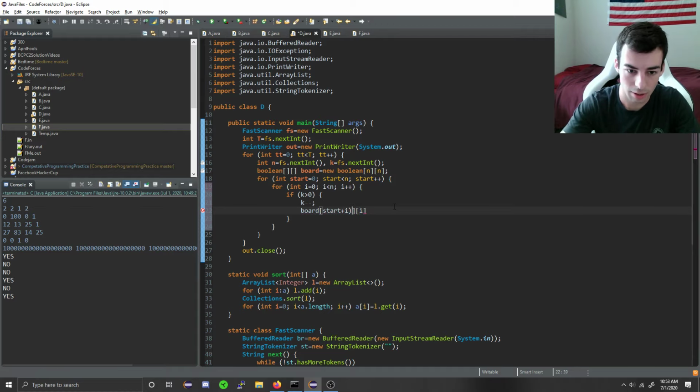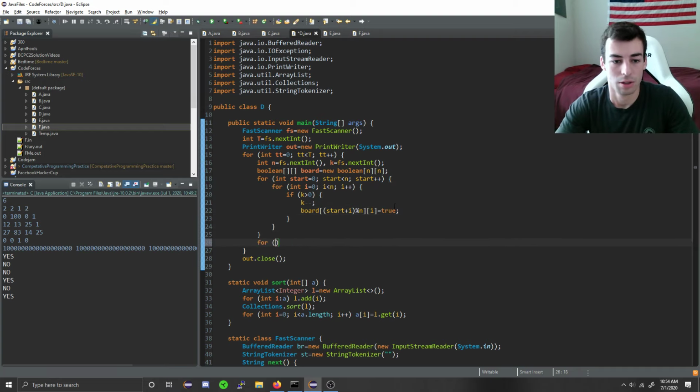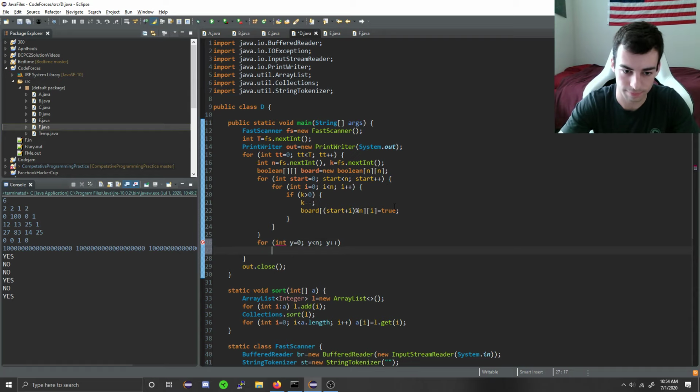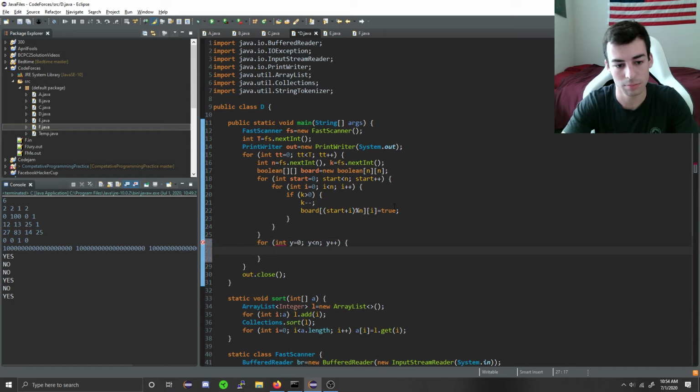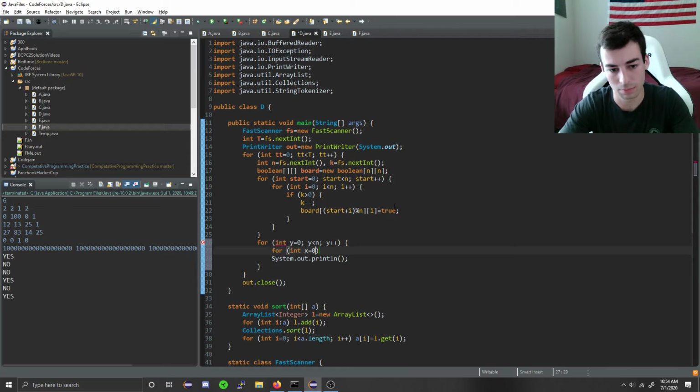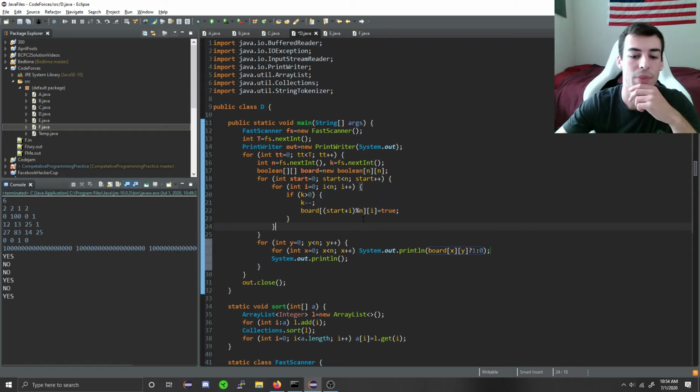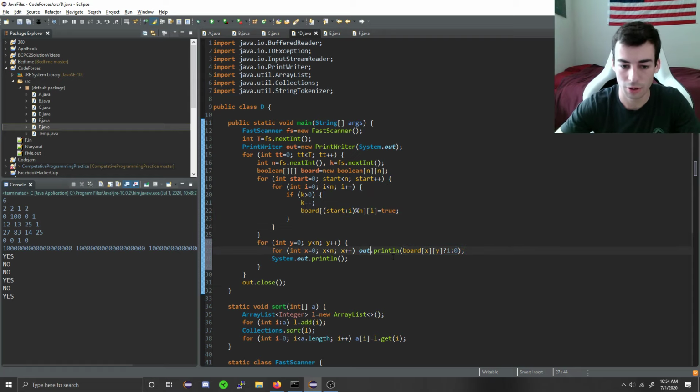This needs to be under mod, equals 0 or equals true. There you go. Oh, and this needs to be print writer. This needs to be print, not print line. Same here.